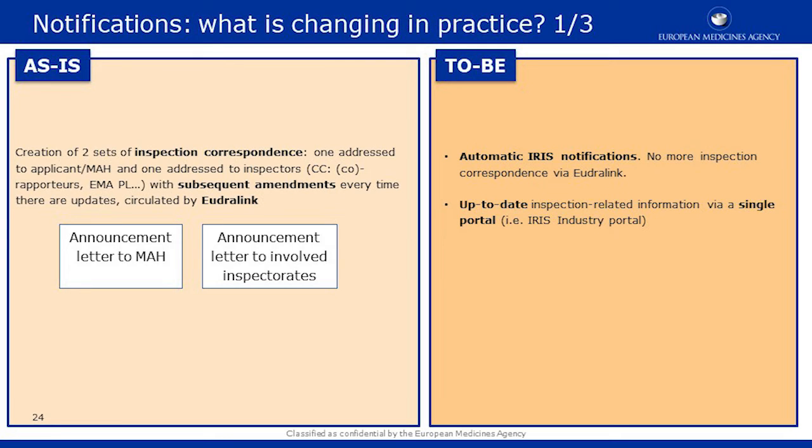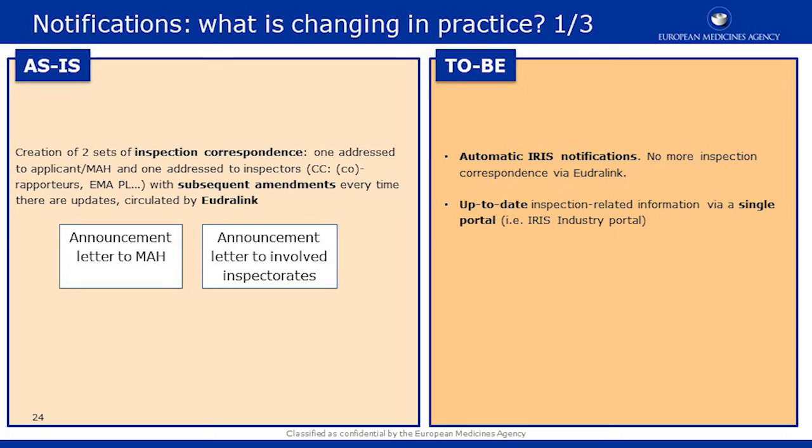So you might be familiar with the way we communicate the announcement of inspections at the moment. And in the as-is process, what EMA does is we create two sets of inspection correspondence at the beginning of the process. So one set of inspection correspondence goes to the applicant, and the other set goes to the MAH.